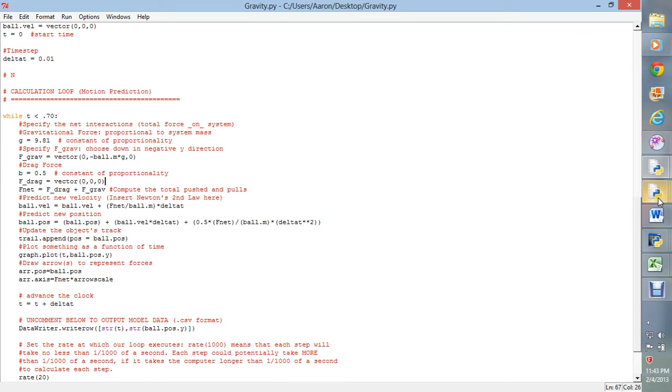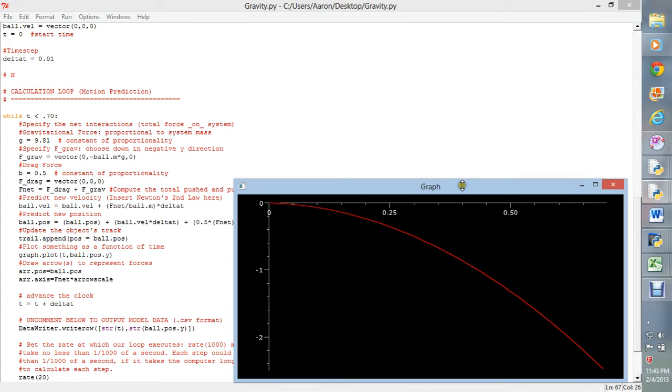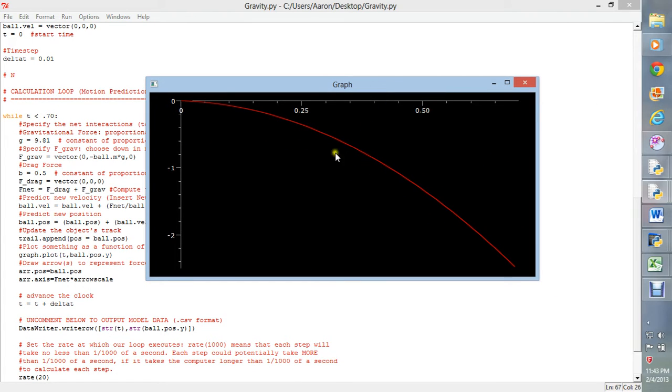When I ran this, I got a graph that looked like this, which is perfectly parabolic, which showed that there was a constant acceleration on the object.